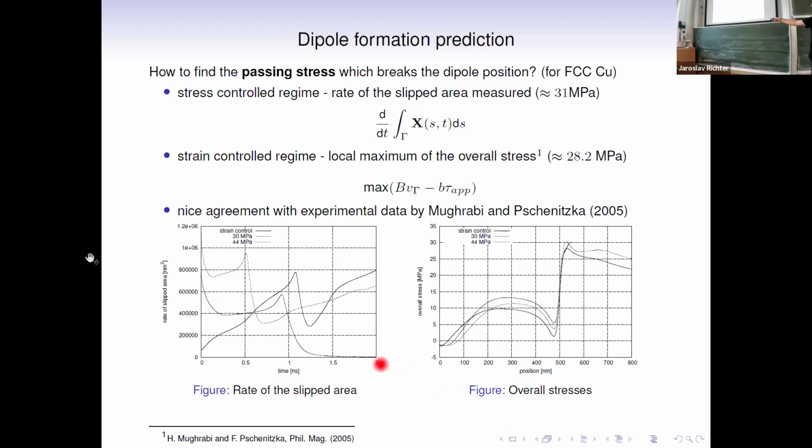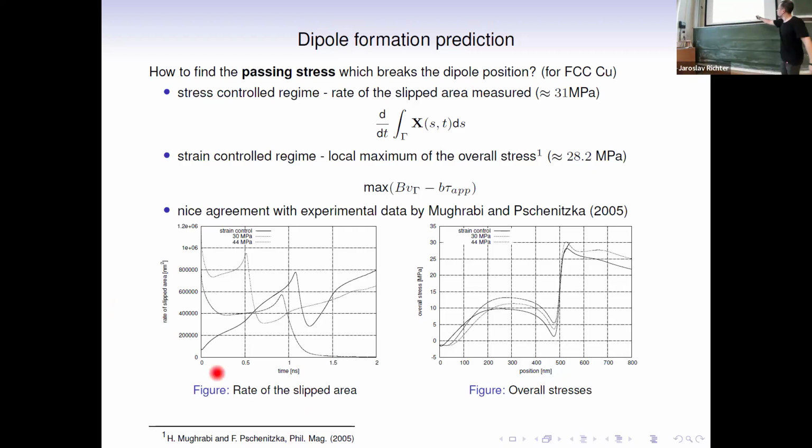That's how we found this stopping value of the stress in order to make the dipoles, or the next one would be the passing stress. Even if our computations are very fast and very easy to perform, it's quite a challenging task, because it's basically a stupid idea, just trial and error, and most of the time is wasted on unnecessary calculations.